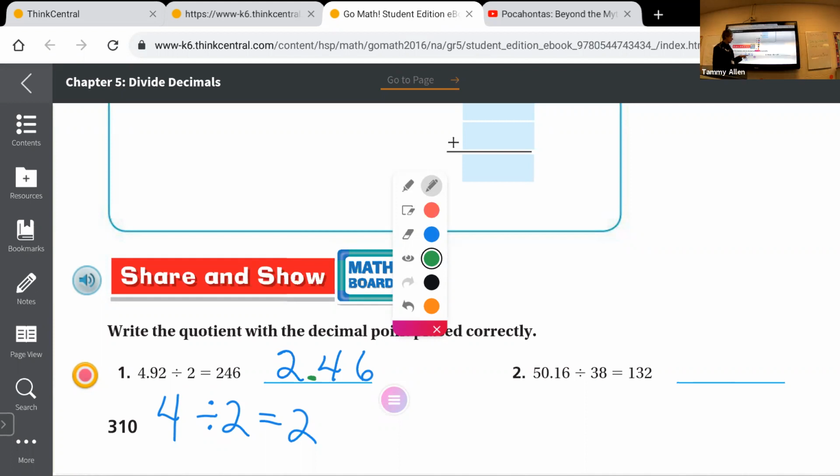Take a look at number 2. What would you do with number 2? We could change it to 38. You would do 50 divided by 40?